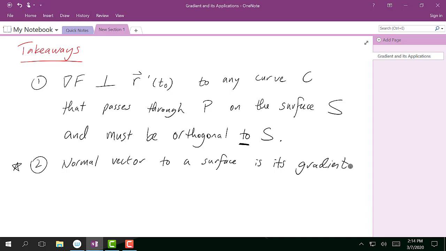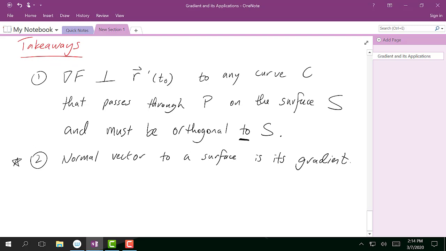The surface is created by some function f. We can find the gradient of that by taking the partial derivatives, and then that turns out to be the normal vector at any point, which is super useful because when we want to find tangent planes, again, we define planes by looking at normal vectors, and so we're going to get the equation of the plane by looking at the normal vector that is the gradient, right? And that's going to be useful for us because we use tangent plane approximations. It's going to be very useful when we want to do more of the application side of things.